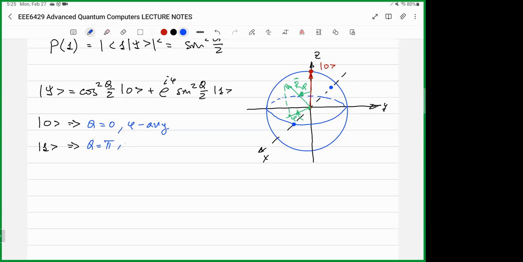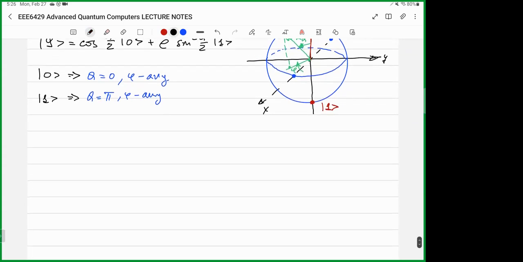And again, phi any. Where is this point on the Bloch sphere? It is this point right here. This is state 1. Right. Next.